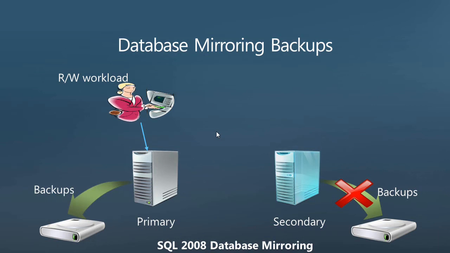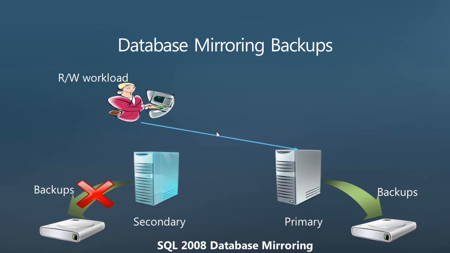It doesn't really get to do anything else. If there's a failure, or for any other reason there's a failover, and the nodes switch roles, now the read-write workload obviously has to connect to the primary because that's the only one that can be updated. And the secondary, if you had a backup job running there, would start failing. If you had a backup job on the node which is now the primary, that would succeed.